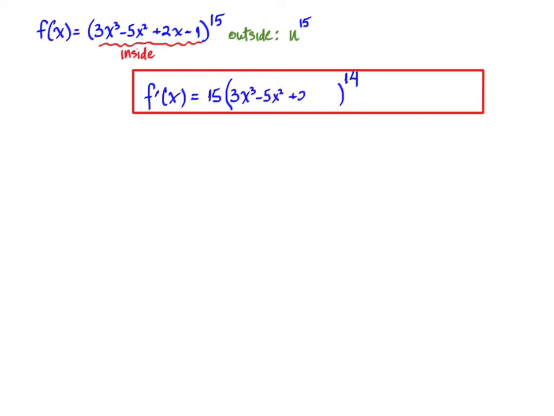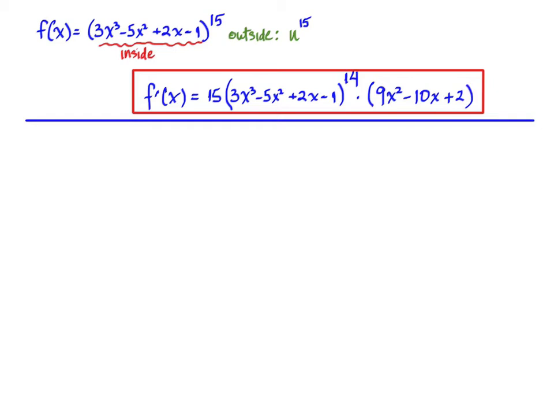Whatever was on the inside stays on the inside. So that's the derivative of the outside with respect to the inside. Then we multiply it by the derivative of the inside, which is 9x squared minus 10x plus 2. I just differentiated that polynomial. And that's it. Just one step.